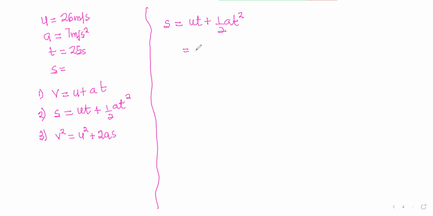So we have U. U is 26. T is 25. Plus half A is 7. Times 25 squared.